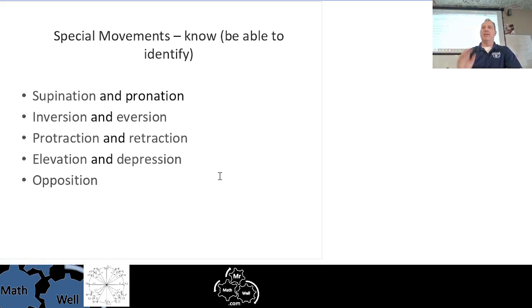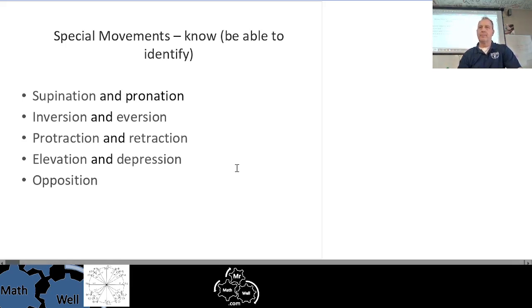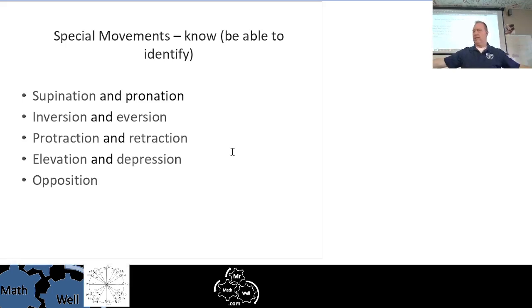Mr. Maxwell, if we shrug our shoulders, is this rotation? Well, it depends. If you're doing this, this is the pivot point. If you're doing this, this would be an elevation and depression.